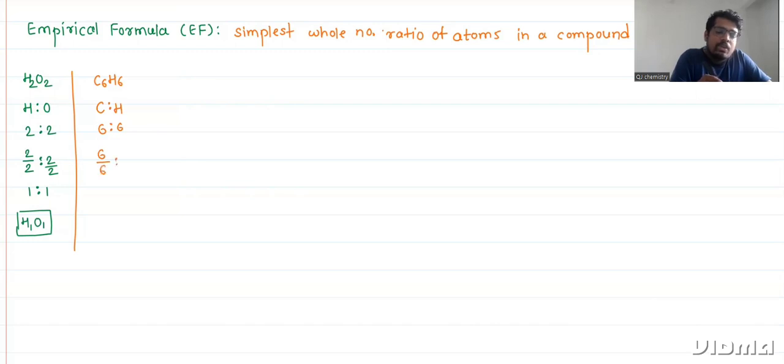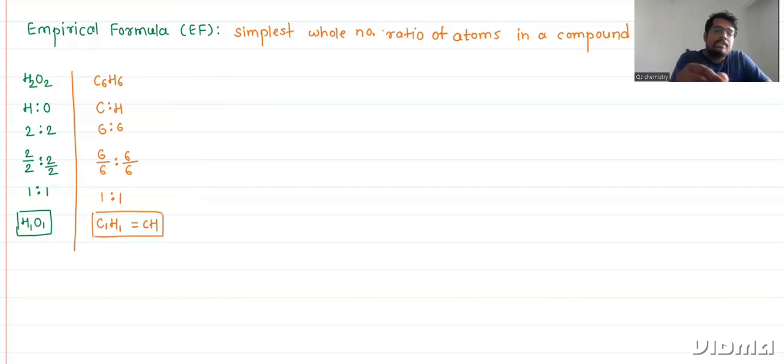In simplified form, the ratio is 1 to 1. So the formula is C1H1, also written as CH. So CH is the empirical formula for benzene.